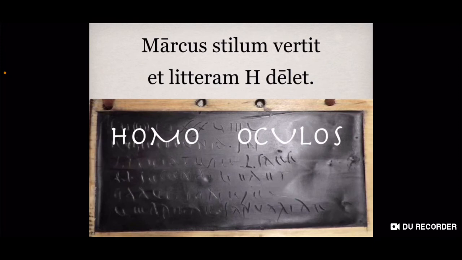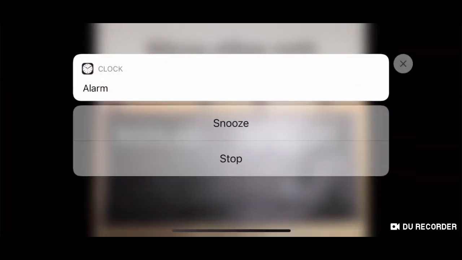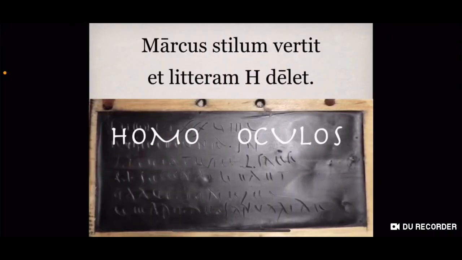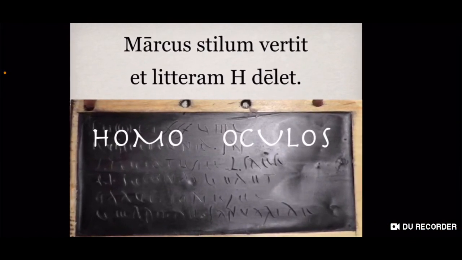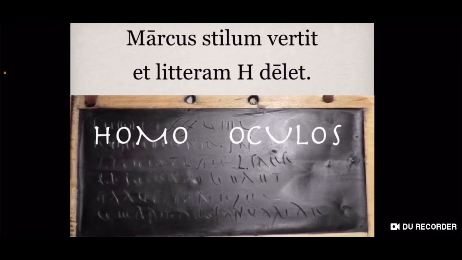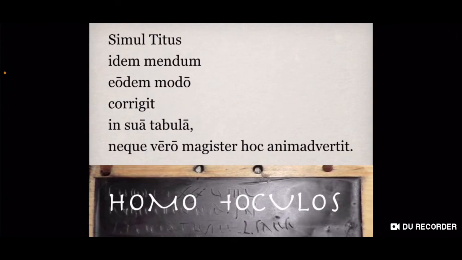Marcus stilum vertit et litteram h delet. And we can see the word delete in this, so that should show you: delete, erase. Marcus turns the stylus and erases the letter H. Simul Titus idem mendum eodem modo corrigit in sua tabula neque vero magister hoc animadvertit.